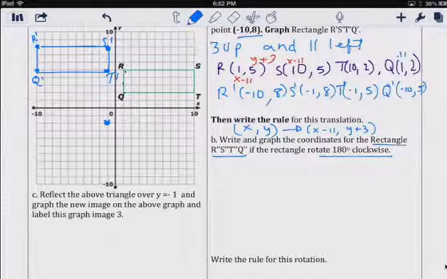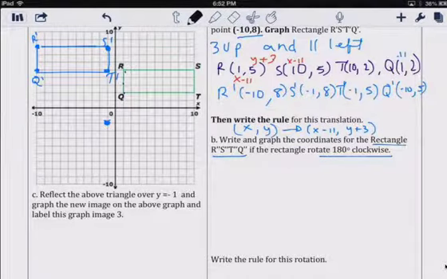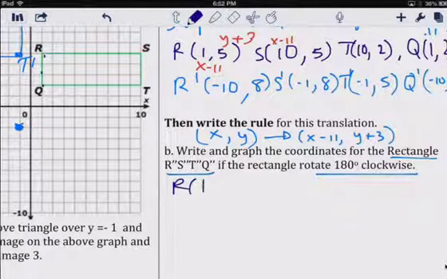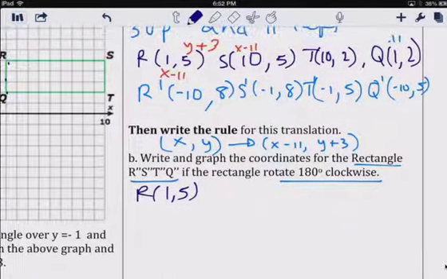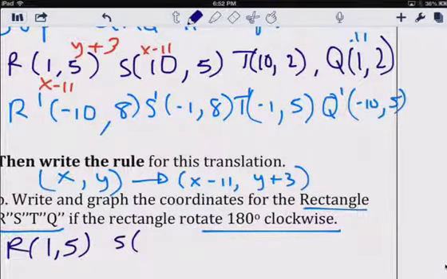Okay. So we're going to write the original letters. R is 1, 5. I need to zoom in to write better without a stylus. S is 10, 5. T is 10, 2.